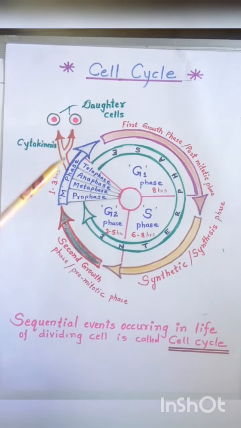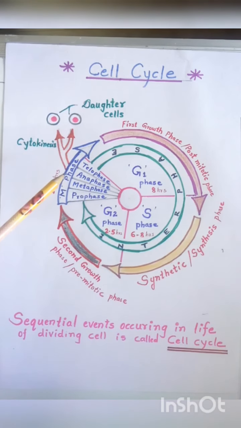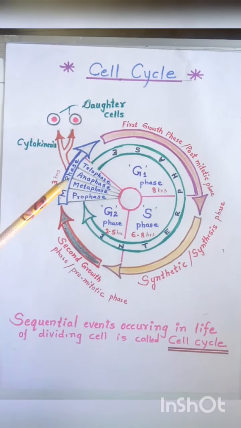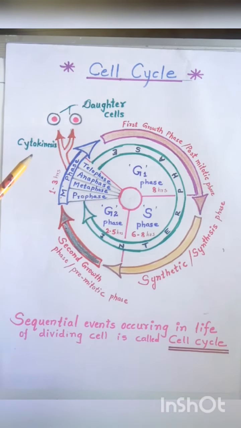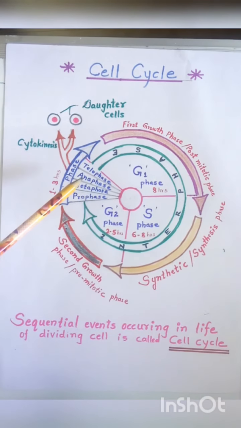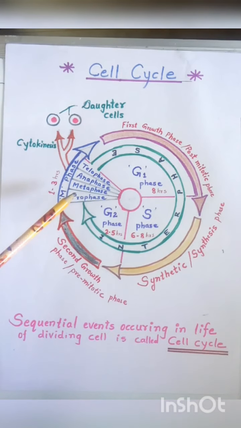Now M phase, as we have seen, consists of two steps, that is karyokinesis and cytokinesis. So prophase, metaphase, anaphase and telophase, this is karyokinesis.